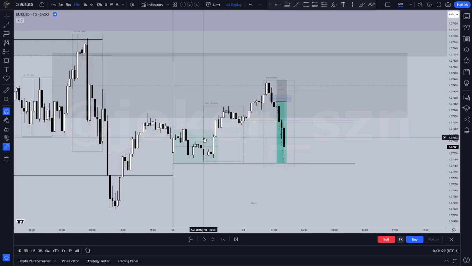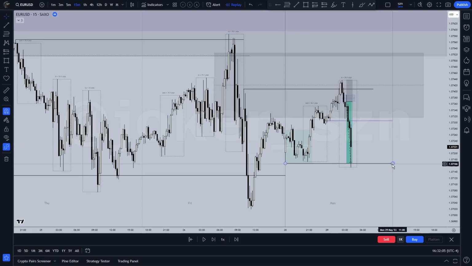We have then the bias, then we have the narrative, which is the market maker model on the lower time frames within a daily bearish order flow, and our higher time frame POI was this H1 order block combined with this M15 counterparty buy side liquidity pool right here. And then we have the shift in order flow above the daily open, so everything is checked off the list and we can short here, and then we get straight into our TP, right?